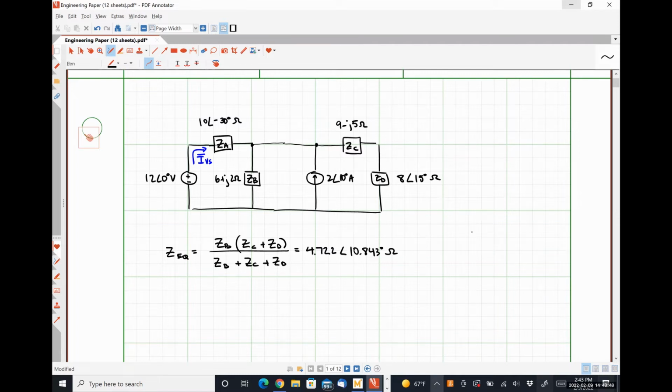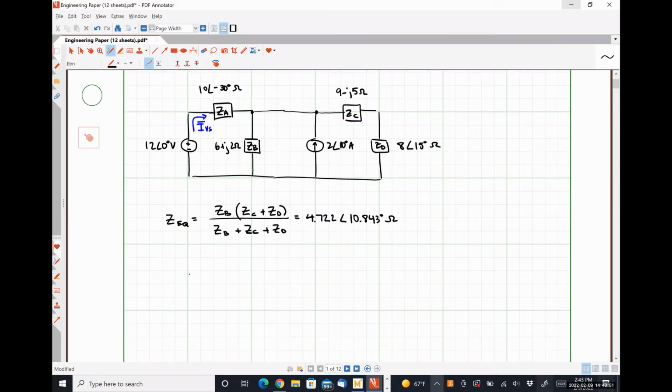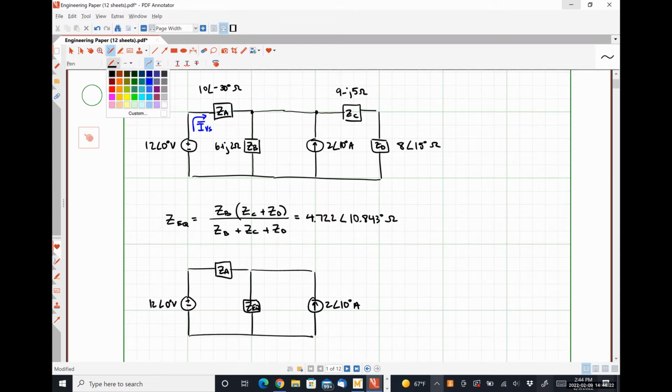So I could redraw my circuit as follows: 12 angle 0 degrees volts. Here's ZA. Here's ZEQ. Here's my 2 angle 10 degrees amp source. And here's the quantity that I'm interested in, IVS, right?